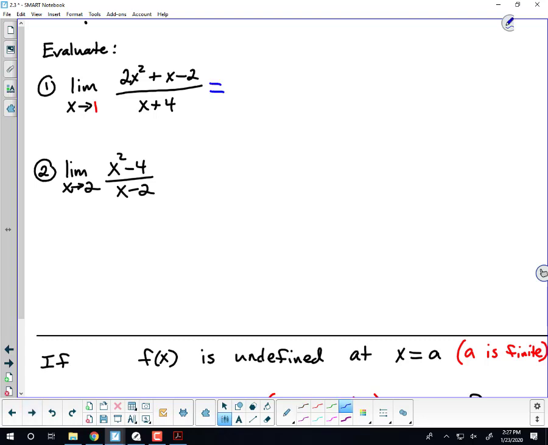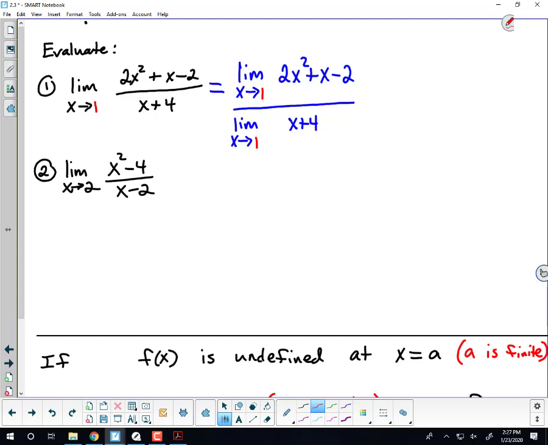So again, to see that, let's write it out as the limit as x approaches 1 of the numerator divided by the limit as x approaches 1 of the denominator. And remember, the theorem says that we can do this provided what? Right, the denominator, the thing on the bottom, doesn't approach 0. And that's not the case here.